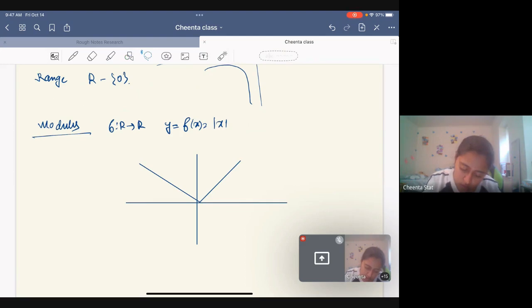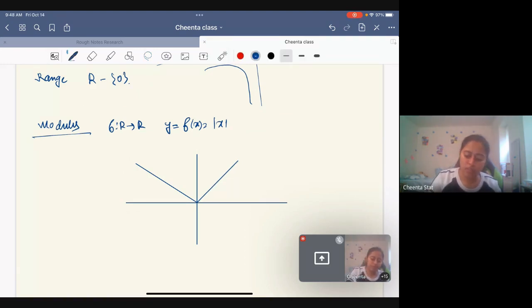Okay, we can do the magic again. So this is the function. And again, the domain is real, and the range is R plus and also 0.